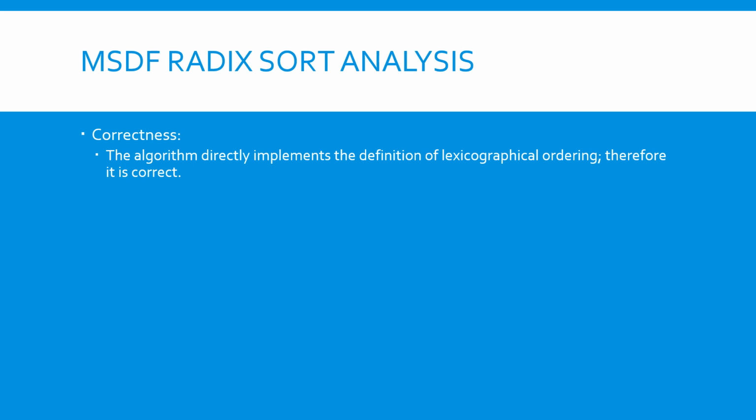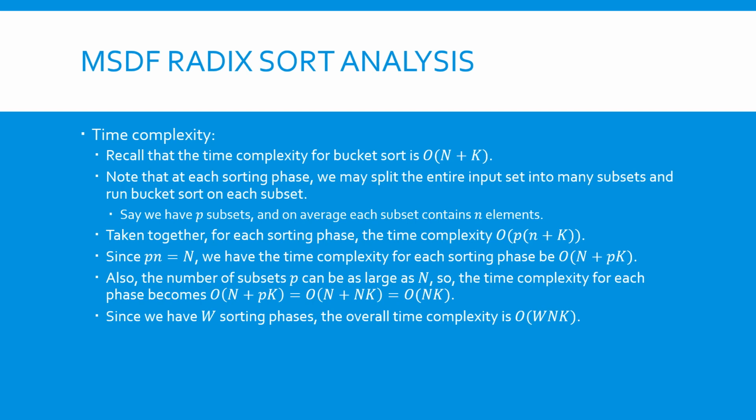Finally, let's analyze the MSDF Radix sort algorithm. Its correctness is obvious, as it directly implements the definition of lexicographical ordering. For time complexity, first recall that the bucket sort algorithm takes O(n plus k) time.